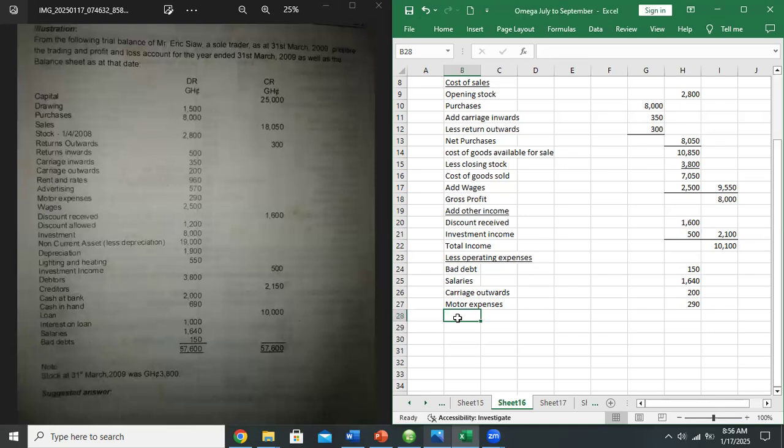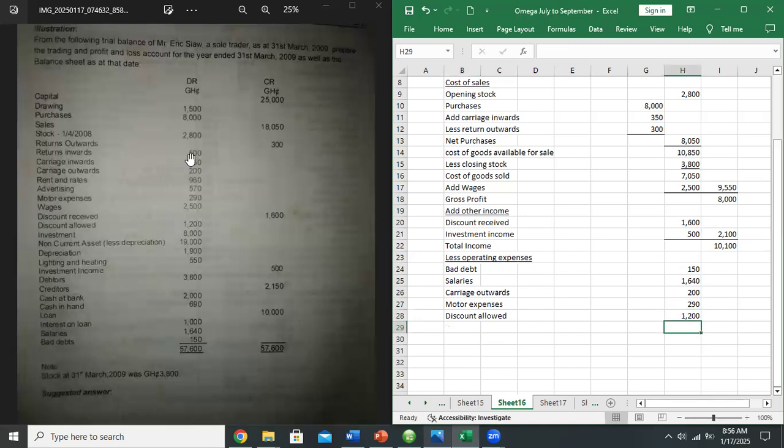Alexia types in the chat, discount allowed. Discount allowed, that's 1,200.